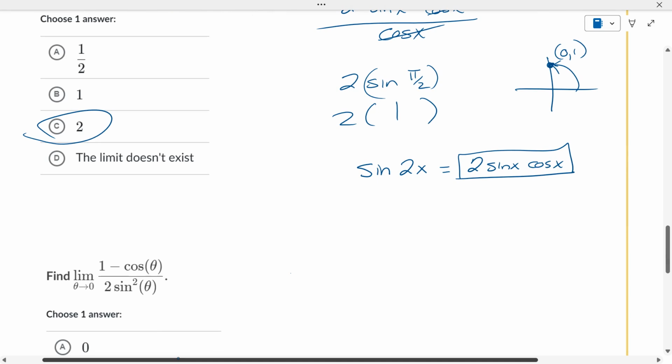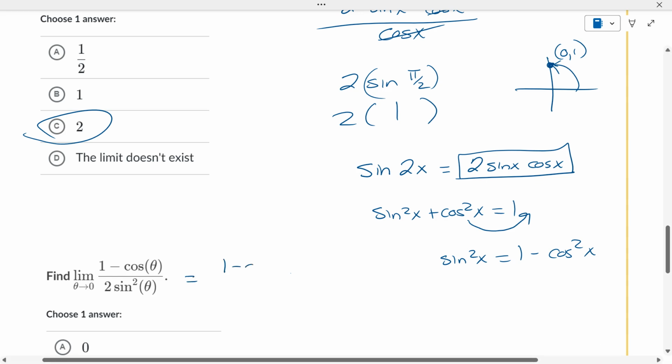One minus cosine of x over 2 sine squared of x. Well, I know that sine squared of x plus cosine squared of x equals 1, right? That's one of my trig identities, my Pythagorean identities. So sine squared of x equals 1 minus cosine squared of x.